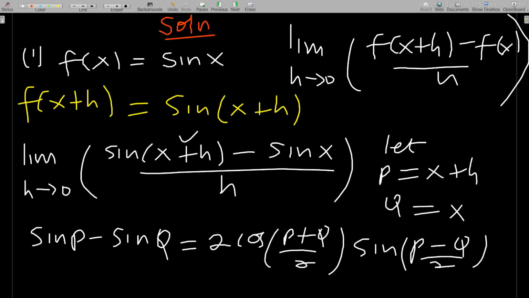So we have the limit as h approaches 0 of sine of something minus sine of something, and p and q are going to change to x plus h and x. This is the relation we use.